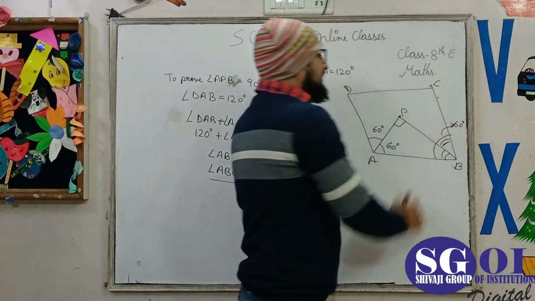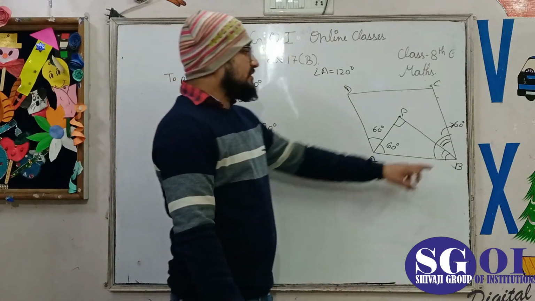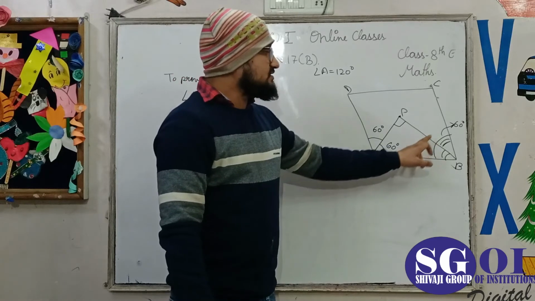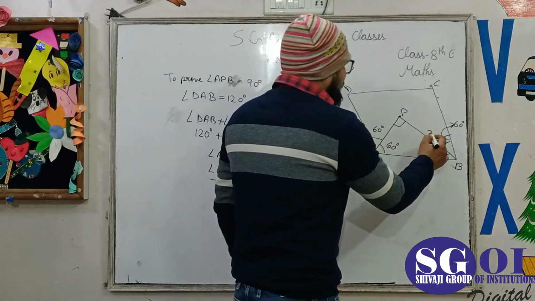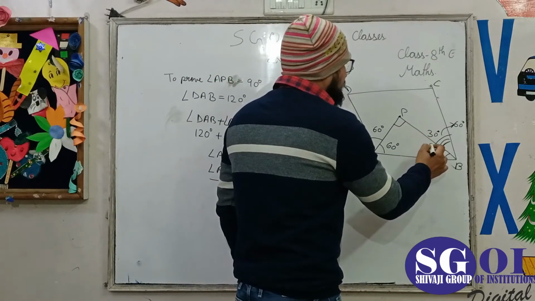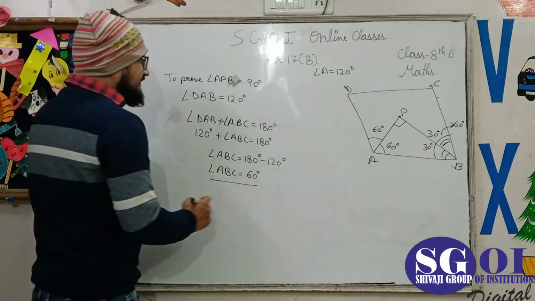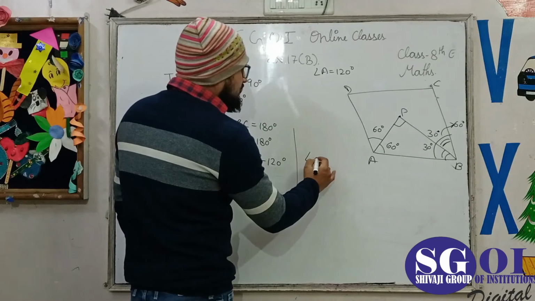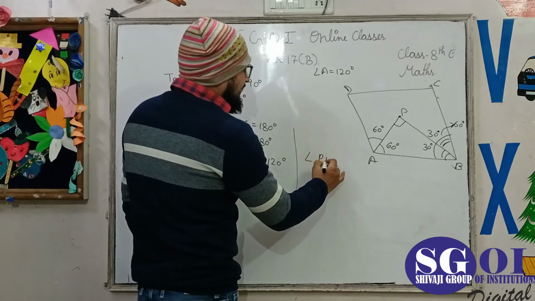The complete angle is 60 degrees, but this line BP is a bisector of this angle. Therefore these two angles will be equally divided and they will become 30 degrees and 30 degrees. So we will be writing angle PAB.